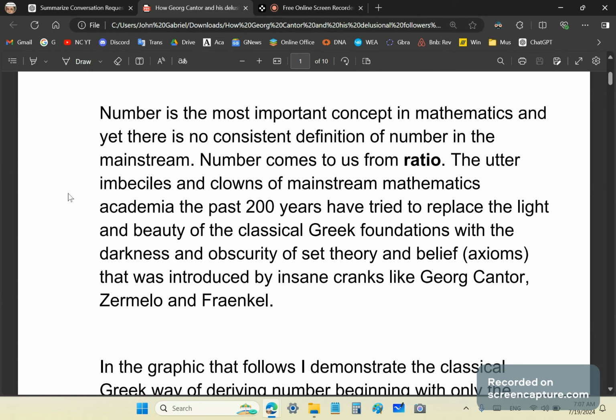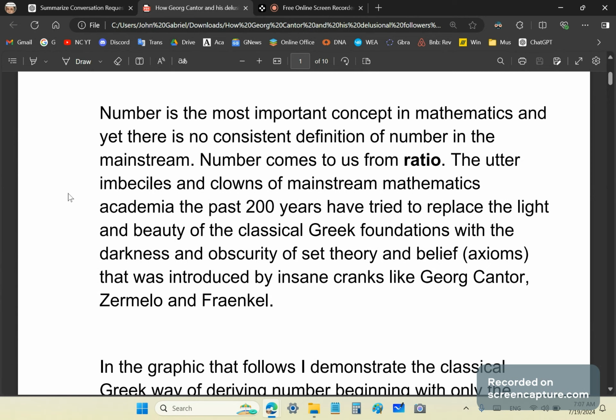And in those chapters, there is nothing about the concept of numbers. It's all 100% geometry.